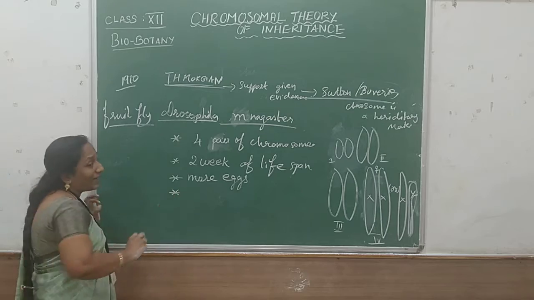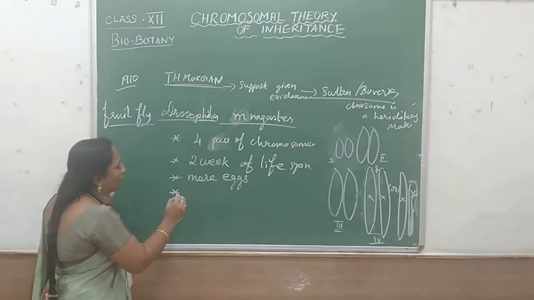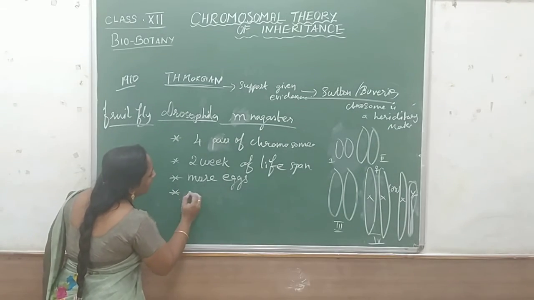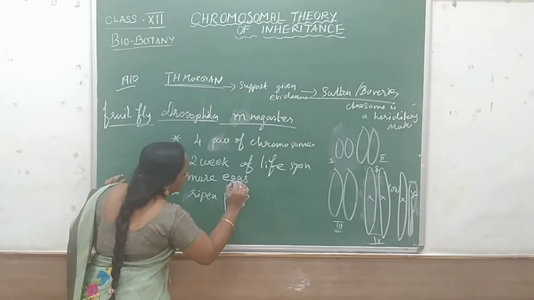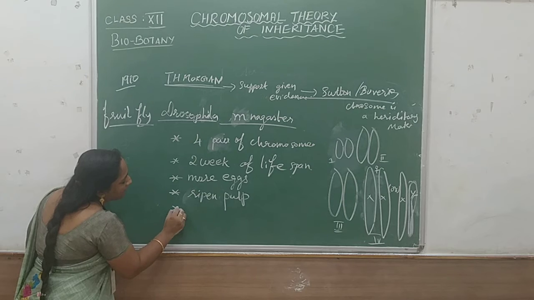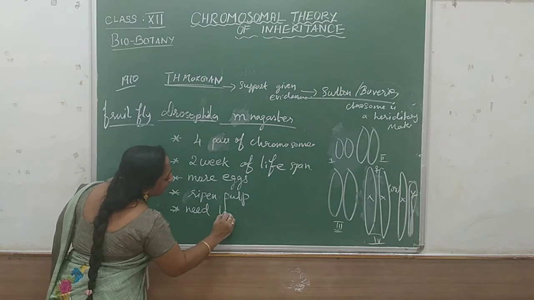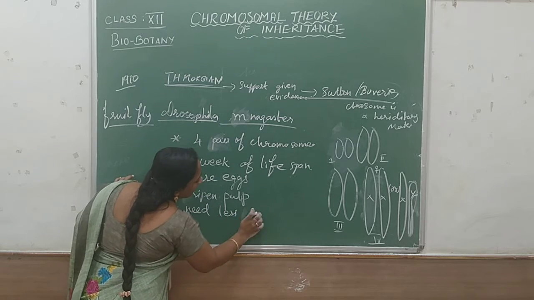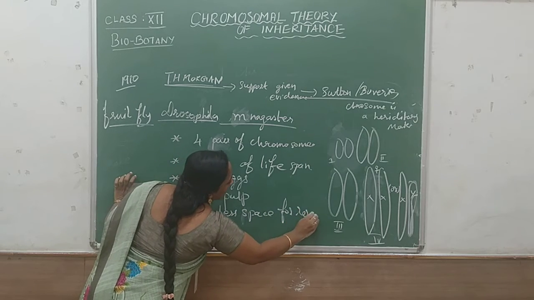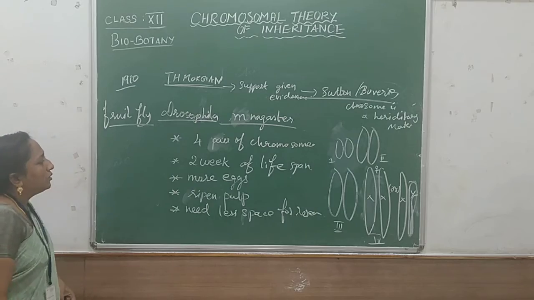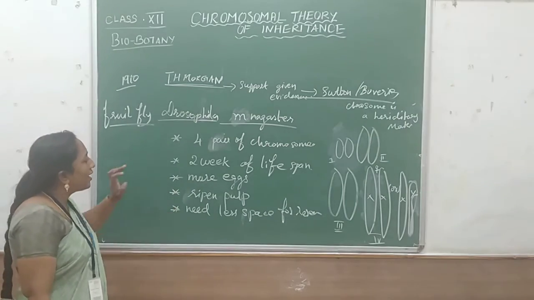For that it needs only a few ripened fruits, that is ripened pulp, and it needs less space for research. Up to this clear?